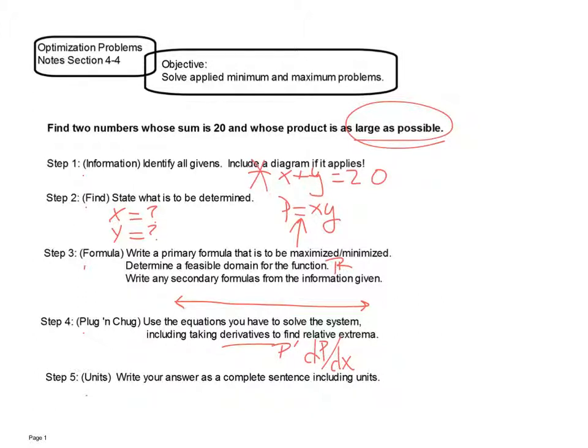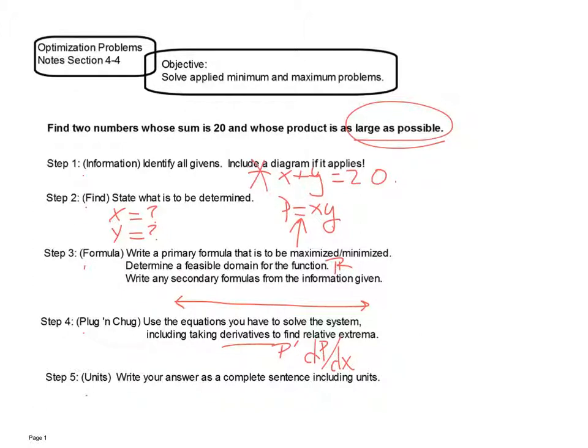Now, I can go ahead and take the derivative right here, but then I have to do a lot of substitution. I'll tell you right now, if you have two equations with two variables, solve for one and substitute in before you take derivatives, it just makes your life easier. You can certainly do it after you take derivatives, but it means you have to take two derivatives. It's just easier if you don't.